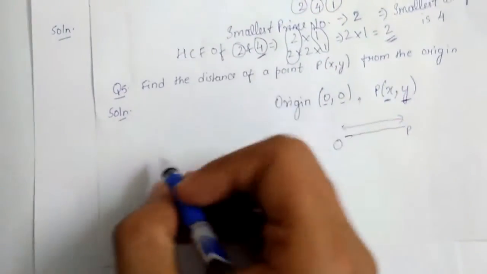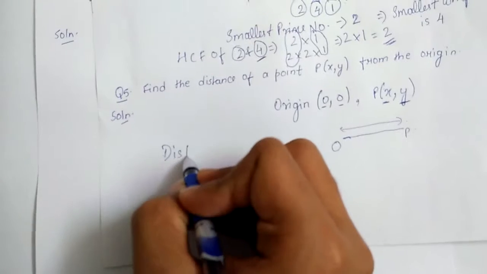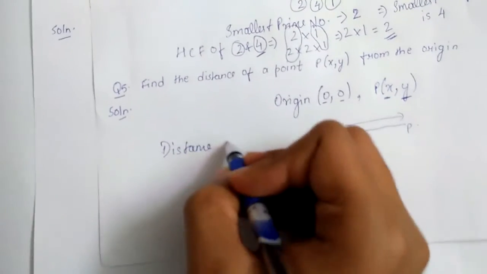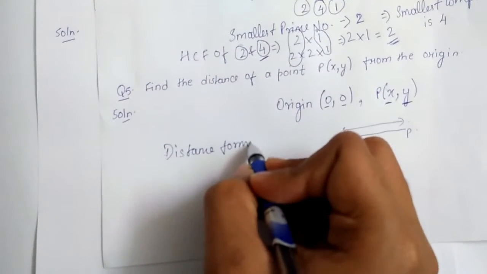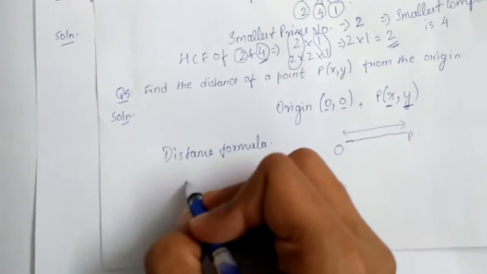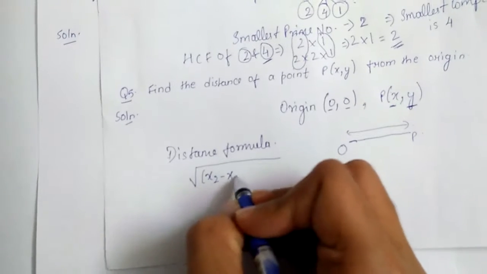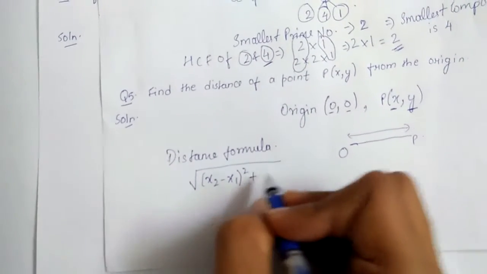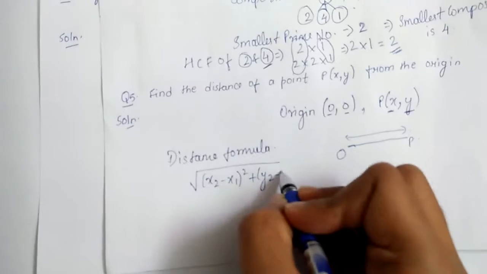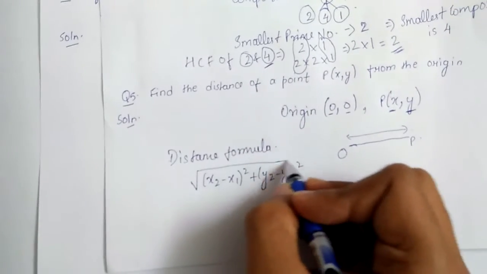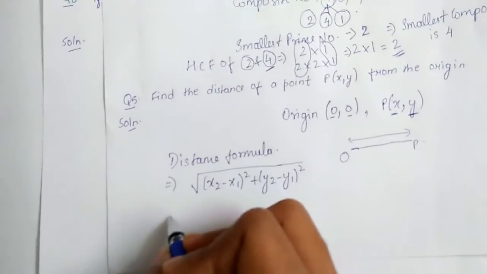So simple distance formula: under root x2 minus x1 whole square plus y2 minus y1 whole square. This is the distance formula.